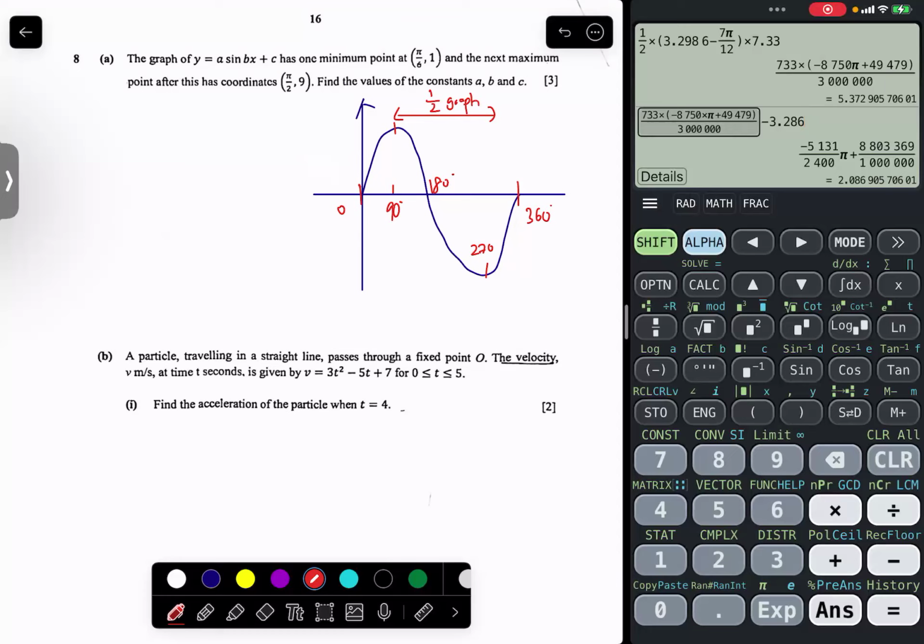So from pi over 6 to pi over 2, that is half a cycle by right. So pi over 2 minus pi over 6 is pi over 3. So that means 60 degrees is half a cycle, which means one cycle must be equals to 2 pi over 3.